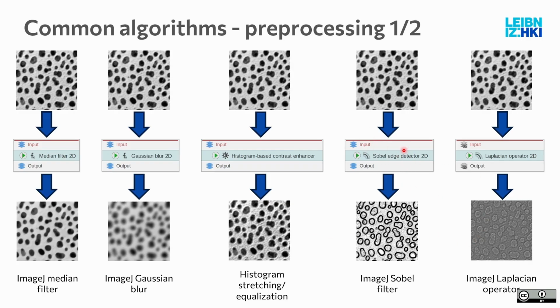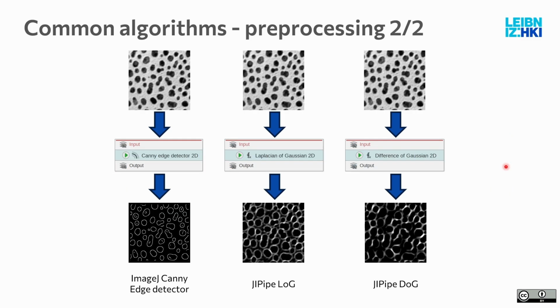We have a Sobel edge detector and also a basic Sobel filter, and also a Laplacian filter for some basic pre-processing and feature enhancement. Then the Canny edge detector is also available. It's named Canny edge detector 2D. It makes these nice lines that are already binarized. And you also get a Laplacian of Gaussian and difference of Gaussian in JIPipe as well.